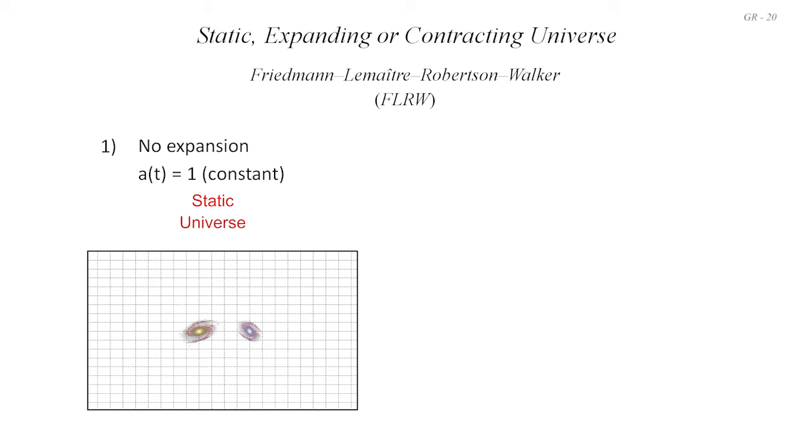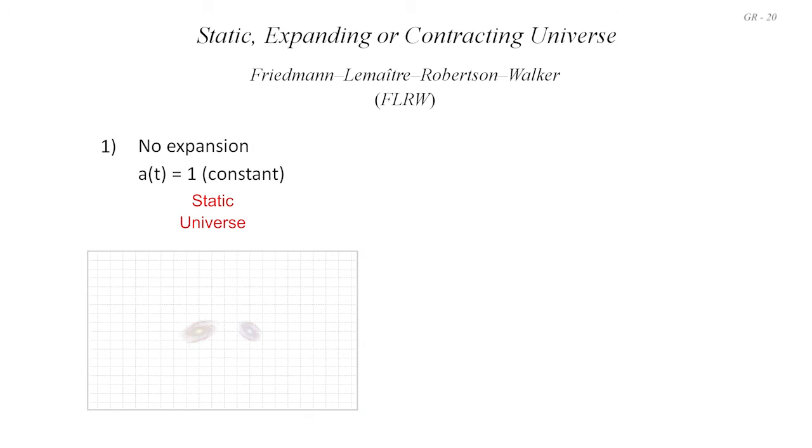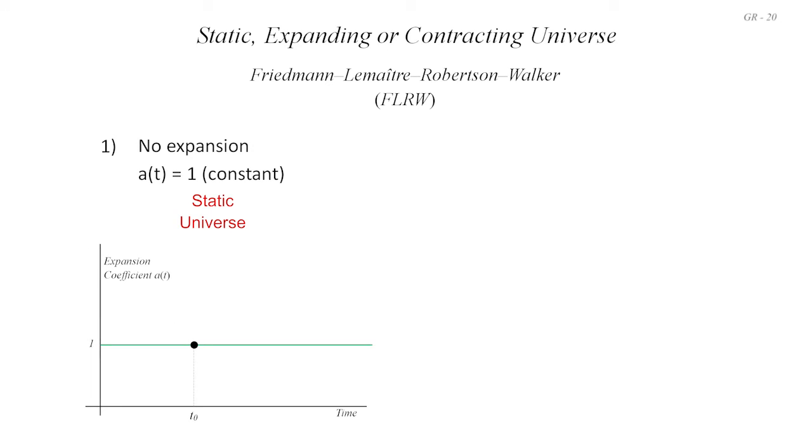The universe would be static, and that would essentially give us the situation that the cosmologists of Einstein's day had assumed. The horizontal line graph, which we had earlier for the relative size of the universe, could equally well represent a graph of a against time if a is constant at a value of 1.